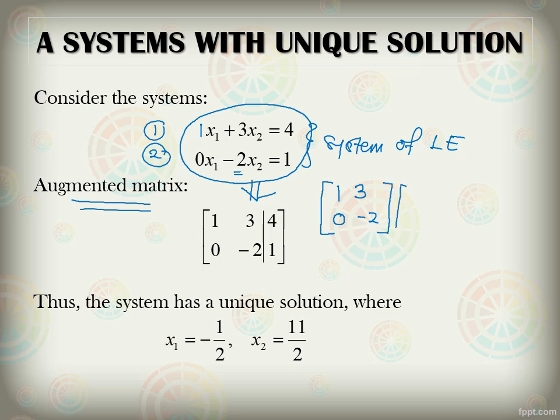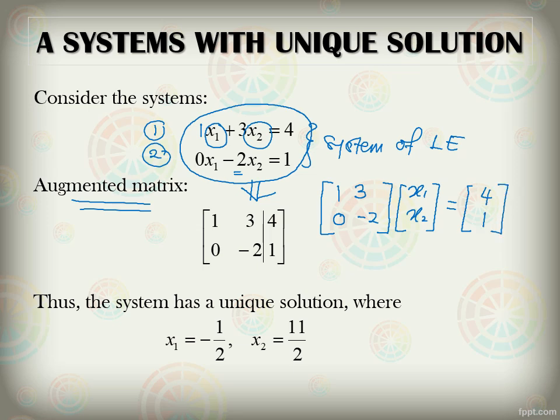And what are the unknown involved? It involved x1 and x2. So write x1, x2 in one column. Okay, so the equation will be like this, equal. Okay, and then create another column for the solution, which is 4, 1.